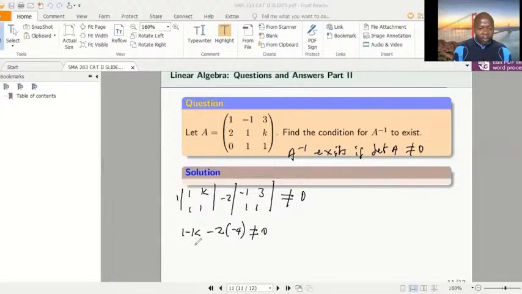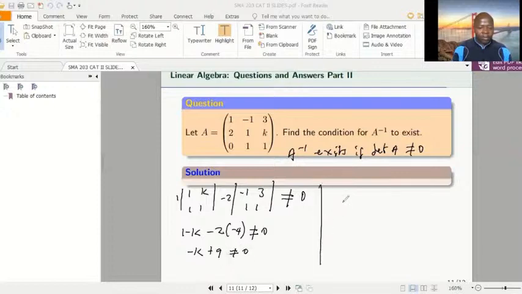So what this means, therefore, let's just collect terms. -k plus 8 plus 1 is not equal to 0.